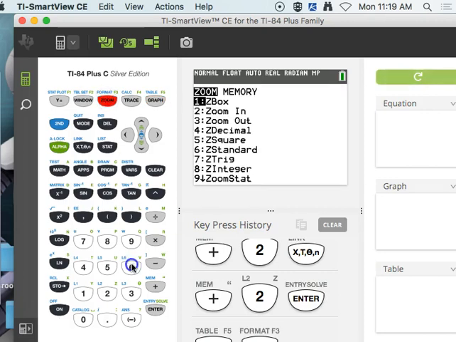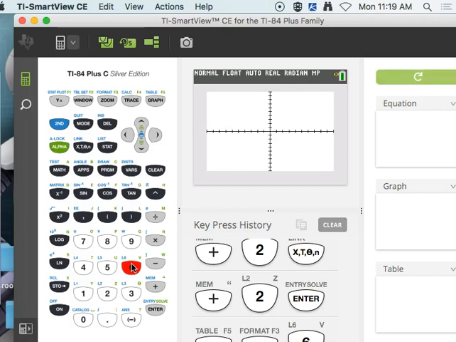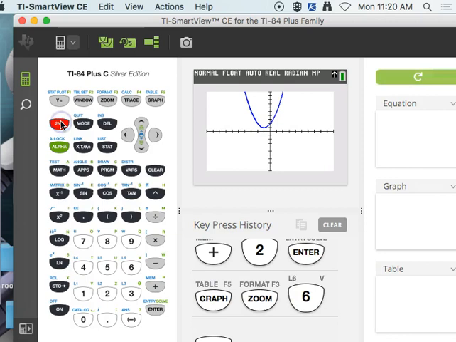Zoom 6. Oh, there it is. It doesn't have any real zeros. It's not going to touch the x-axis. The whole parabola is above the x-axis. Well, we'd have to show that, because if we're going to put down no solutions or all real numbers, we want to know that that's actually accurate.